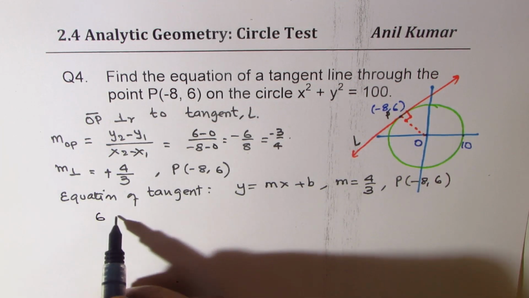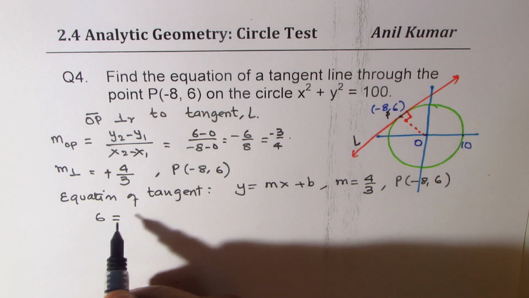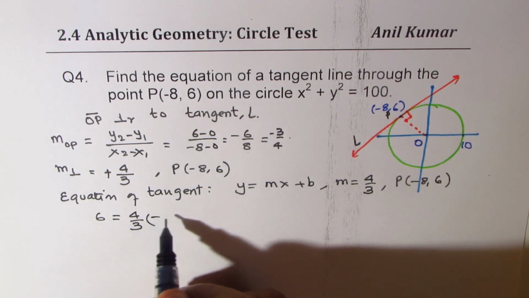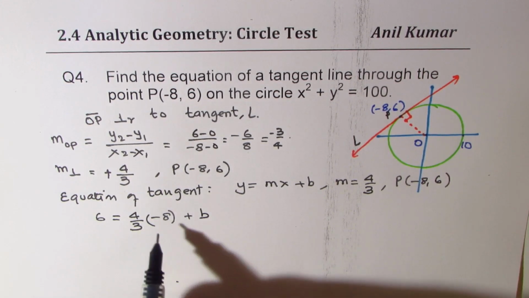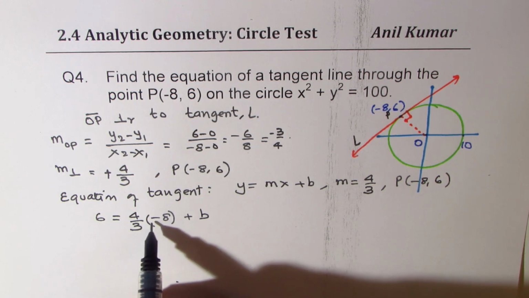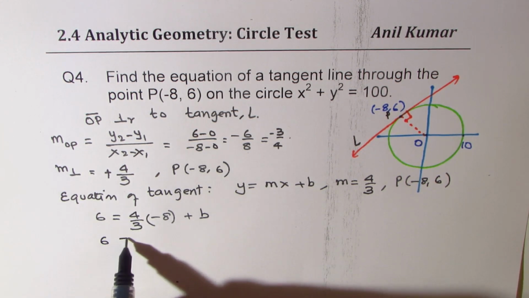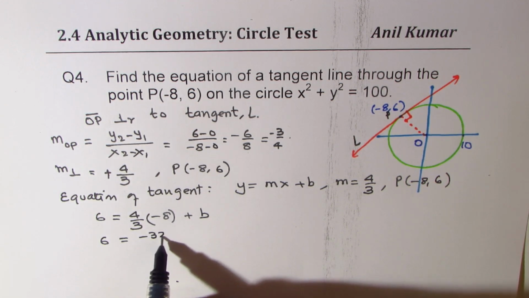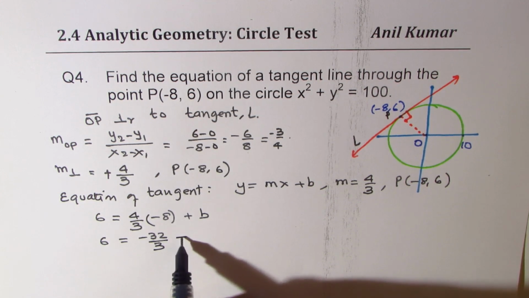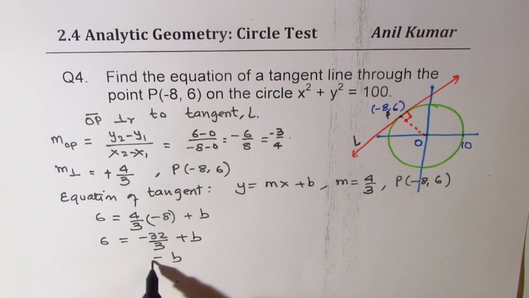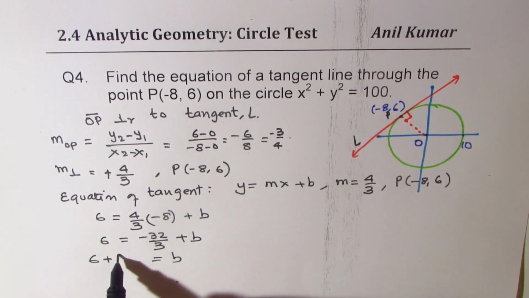So we get 6 equals m, which is 4 over 3, times the x value, minus 8, plus b, right? So solving for b, you can write this as 6 equals minus 8 times 4, which is 32, so minus 32 over 3 plus b, right? So from here we get b equal to 6 plus 32 over 3.